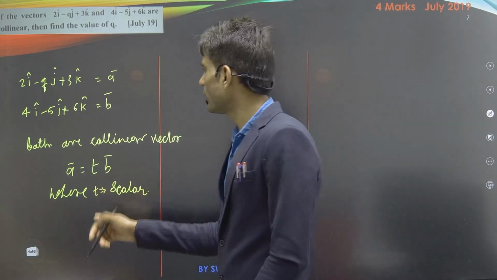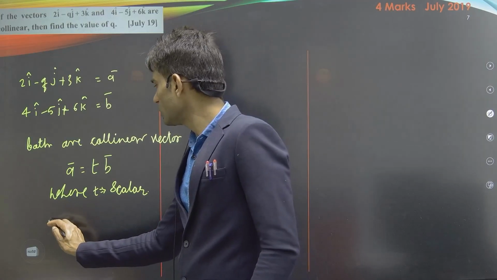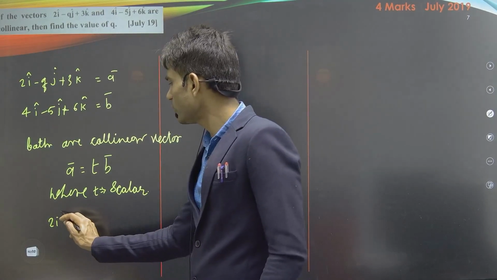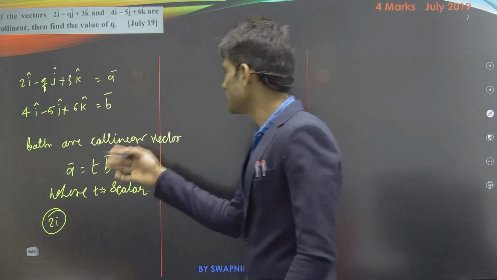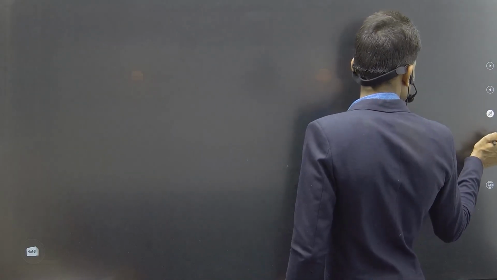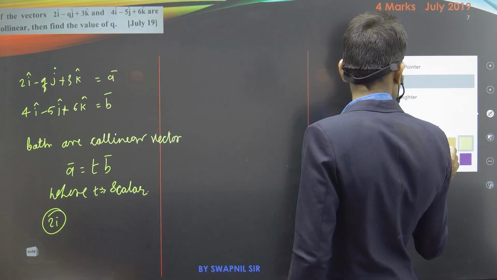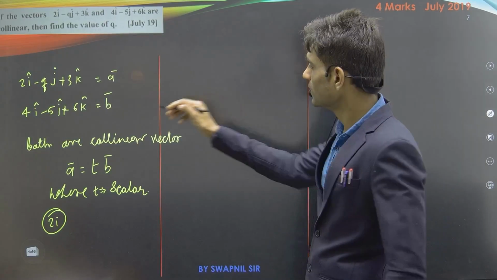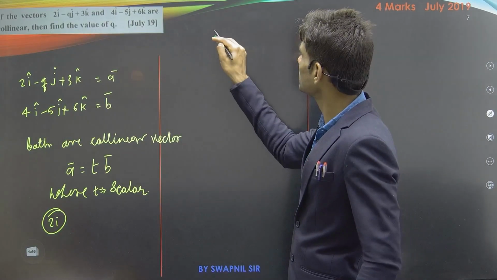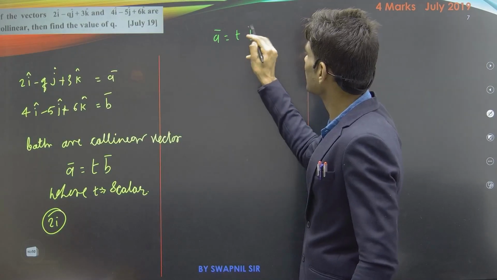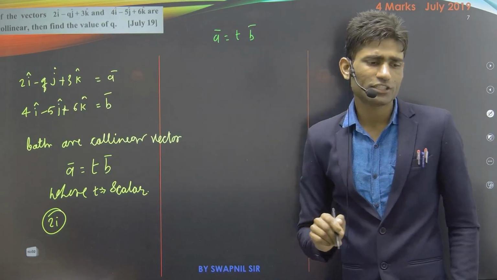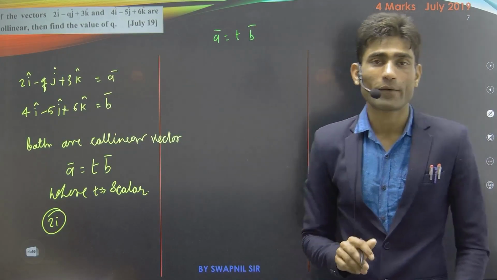So a bar is equal to t times b bar. Now let me substitute the values here. A bar can be written as some scalar multiple of another vector b bar. That is the condition we know for collinearity of vectors.